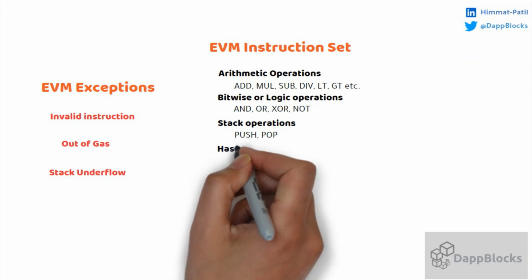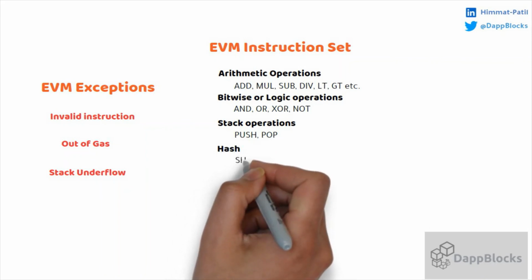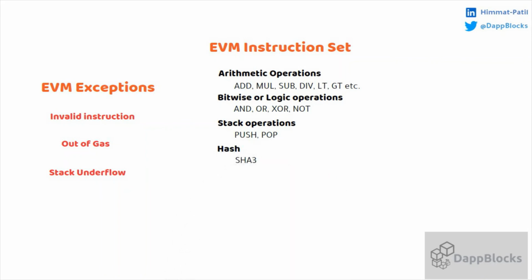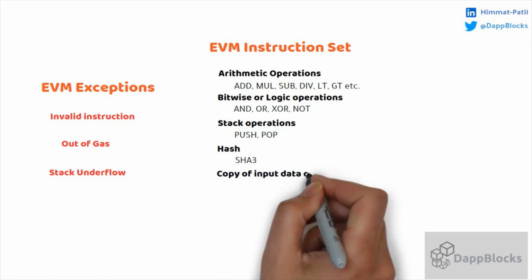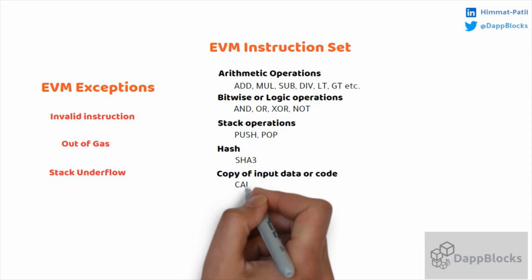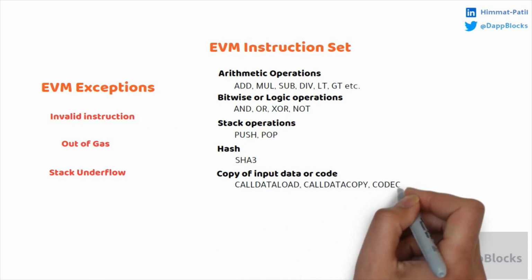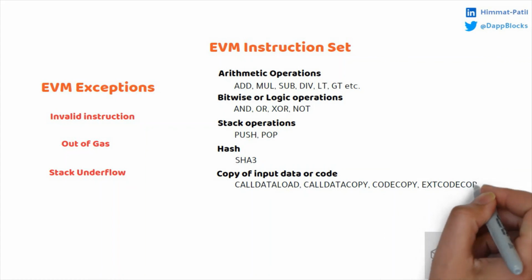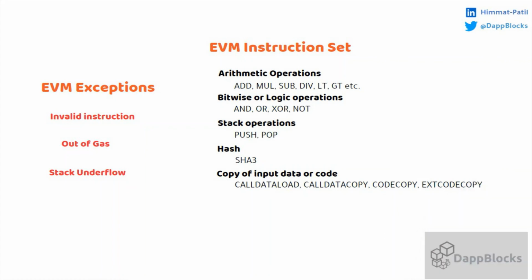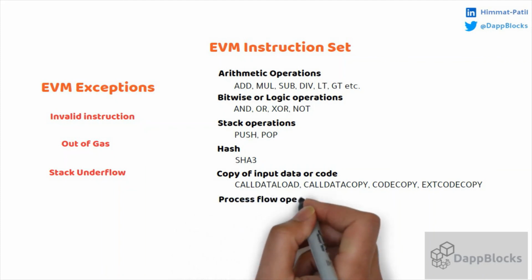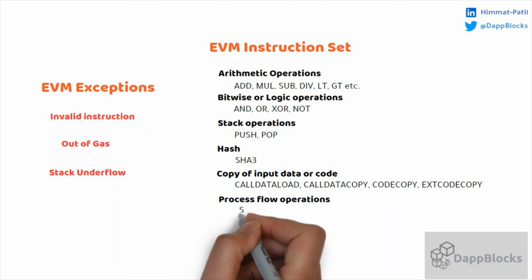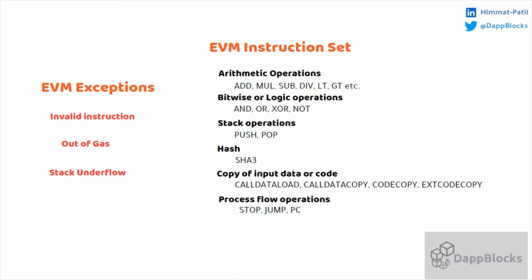Fourth, hash. For example, SHA-3. Fifth, copy of input data or code. For example, call data load, call data copy, code copy, ext code copy, that is external code copy. Sixth, process flow operations. For example, stop, jump, program counter, and there are many such other instruction sets.